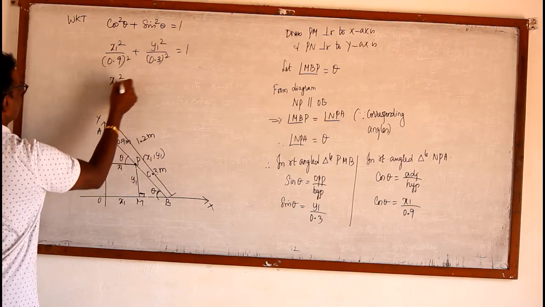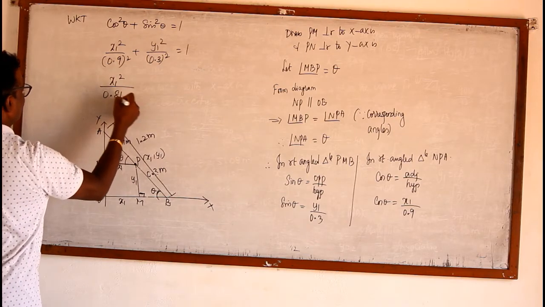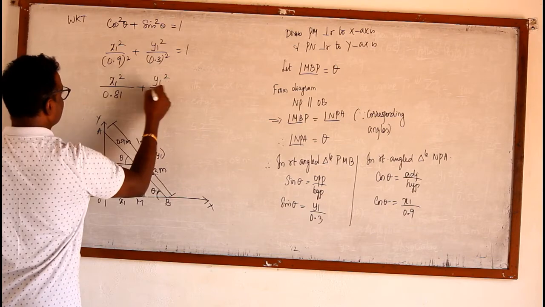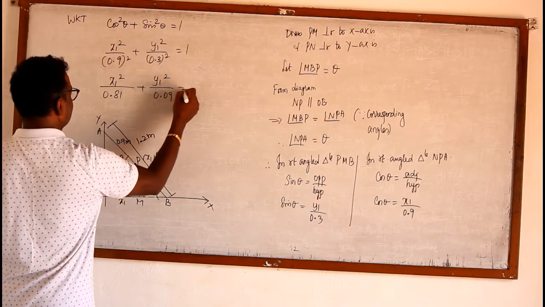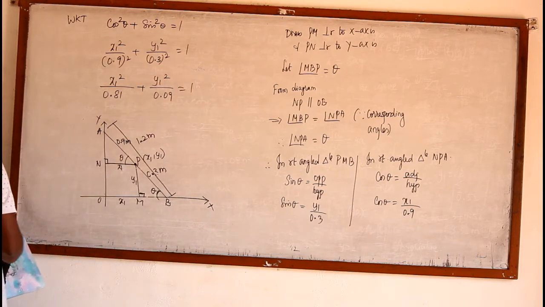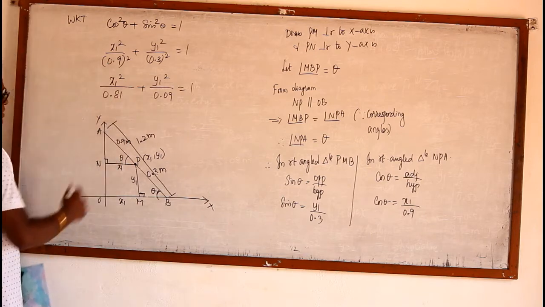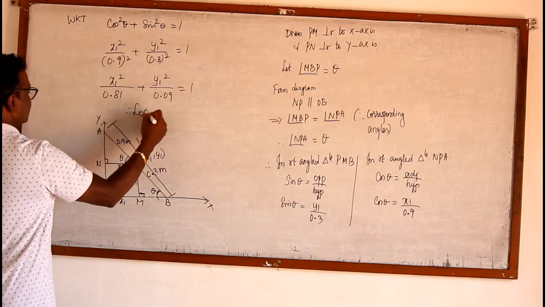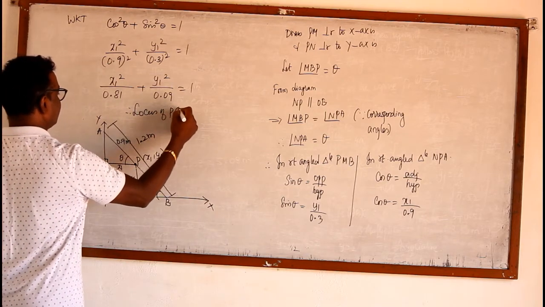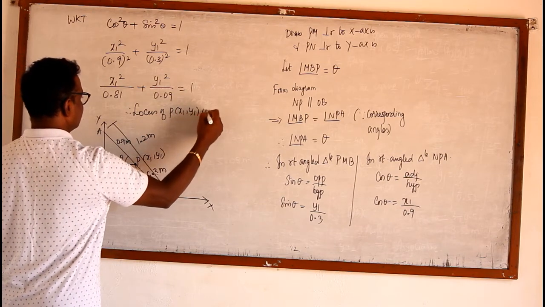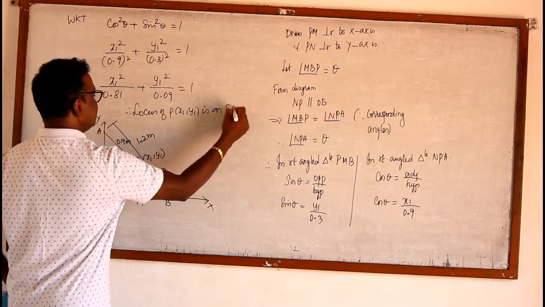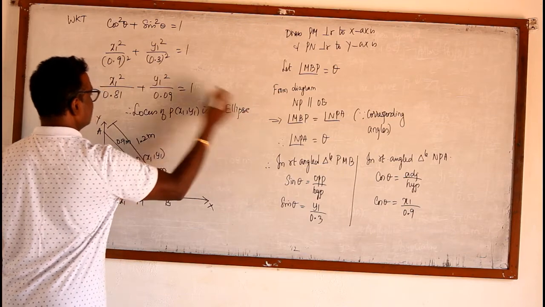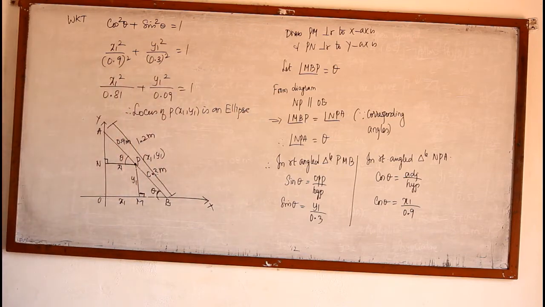So is it not x1 square by 0.81 plus y1 square by 0.09 equal to 1? Therefore, is it an equation of an ellipse? Therefore, the locus of P(x1, y1) is an ellipse. So I proved this equation gives me an ellipse.